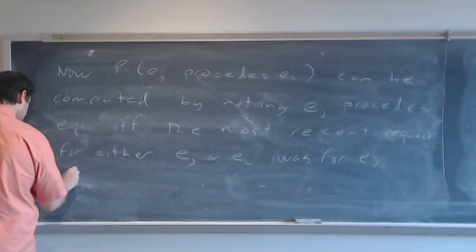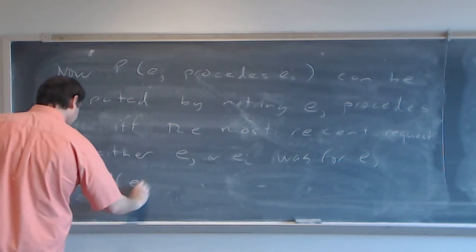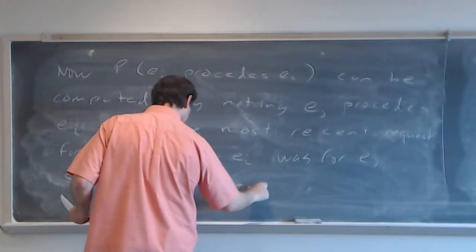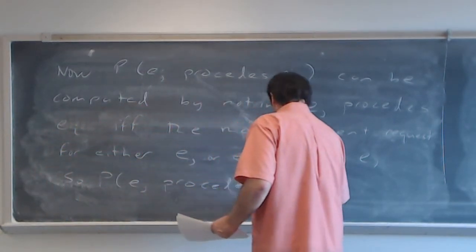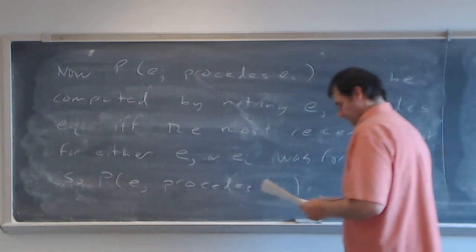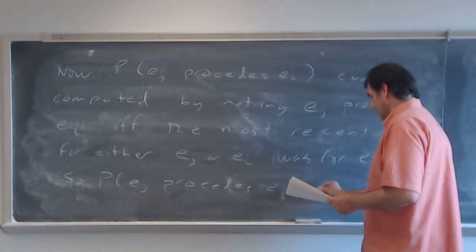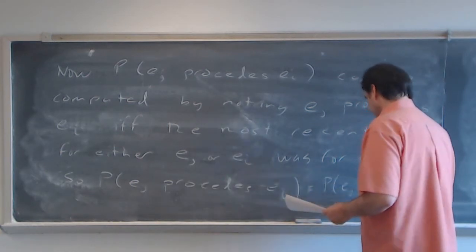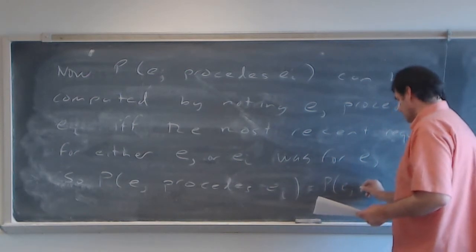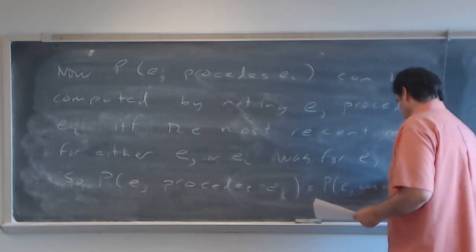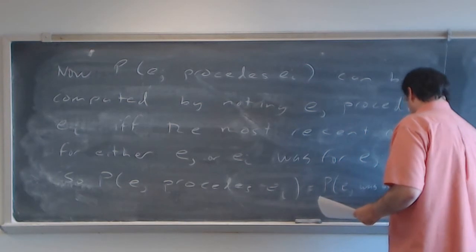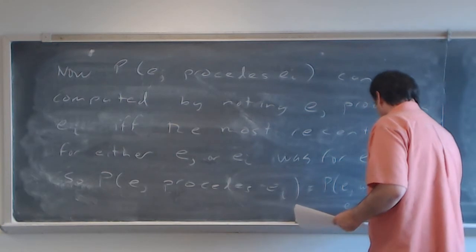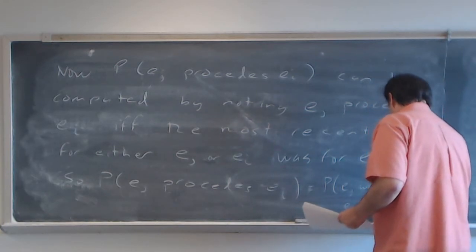So, the probability that E sub j precedes E sub i, which is what we're interested in, can be rewritten as the probability that E sub j was selected given, okay, I need a little bit of room, so the given part's right down here, either E sub i or E sub j was selected.